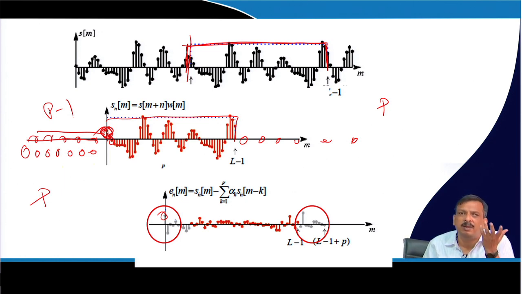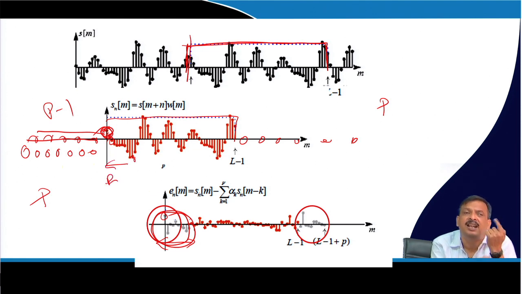So, error will be maximum, because all the coefficients are 0 and only one coefficient is contributing. So, up to p samples the error will be maximum, so at the beginning of the window the error will be maximum. After that I am predicting a sample where p samples are there, so the error will be minimum.